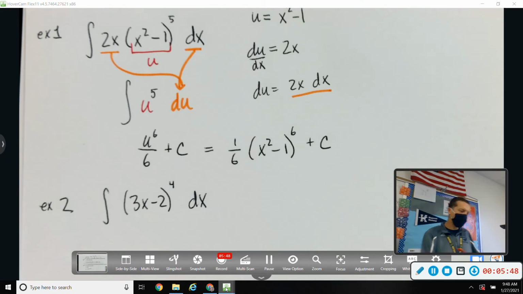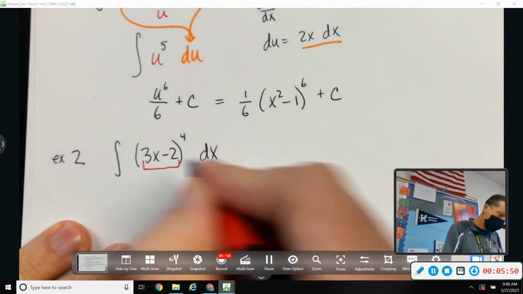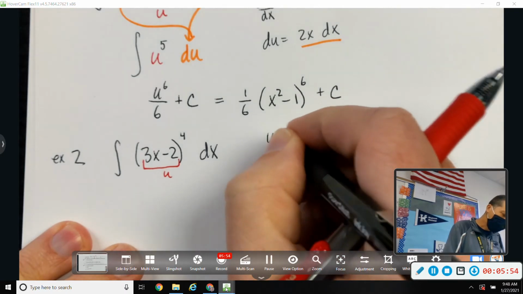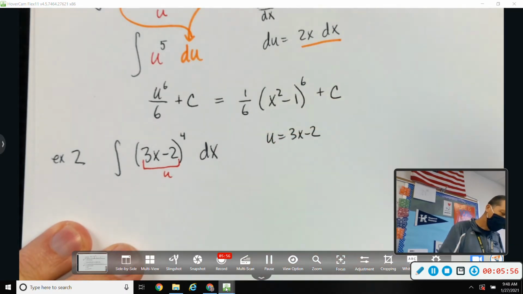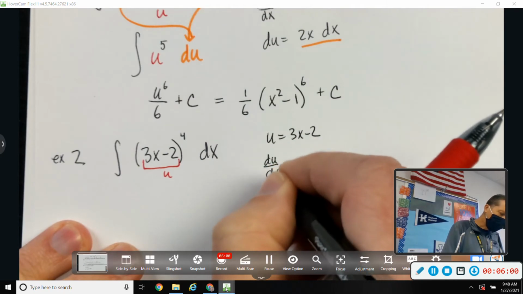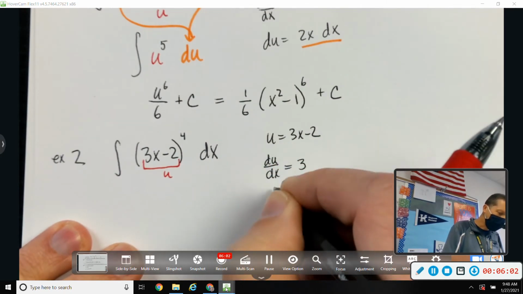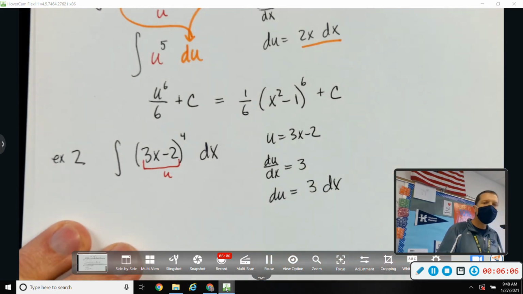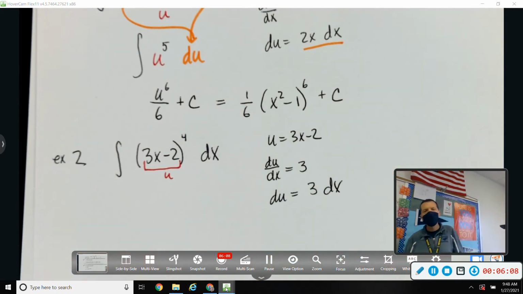Let's do 3x minus 2. Let's say that u is equal to 3x minus 2. So du dx then is just 3.